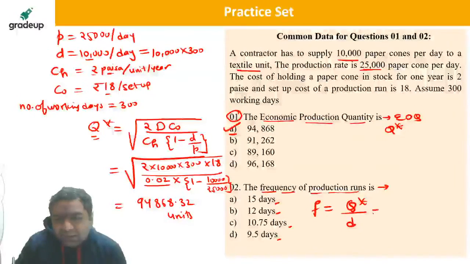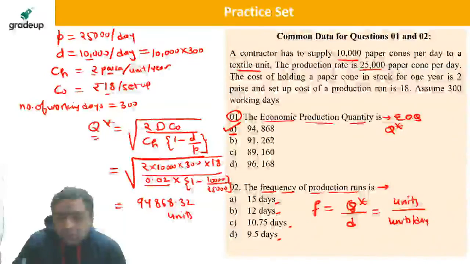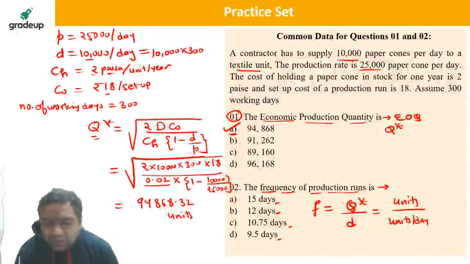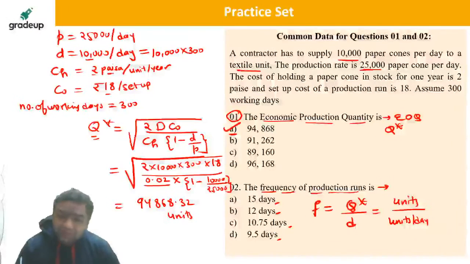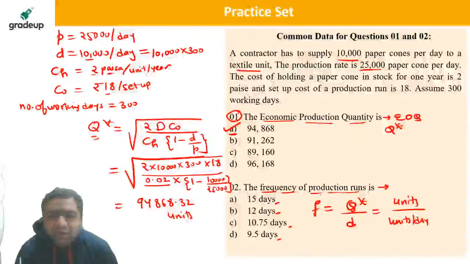Because Q star is in units and demand rate is in units per day, that will be the time after which one production run will be needed. So obviously you will get the frequency of production run.